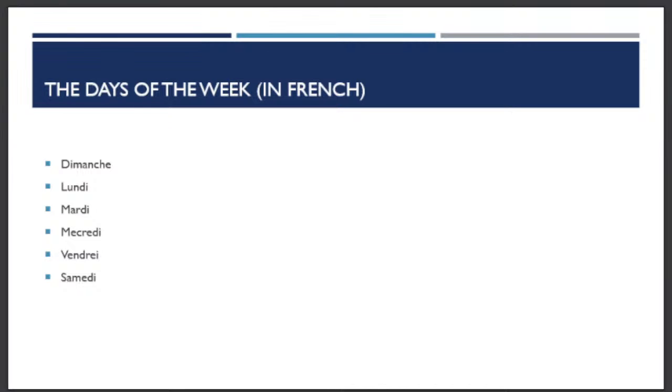If you must know, dimanche means Sunday, lundi means Monday, mardi means Tuesday, mercredi means Wednesday, vendredi means Friday, and samedi is Saturday. Also known in Spanish, domingo means Sunday, lunes means Monday, martes means Tuesday, miércoles means Wednesday, jueves, and so on.